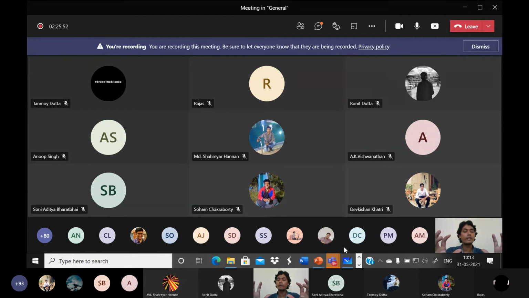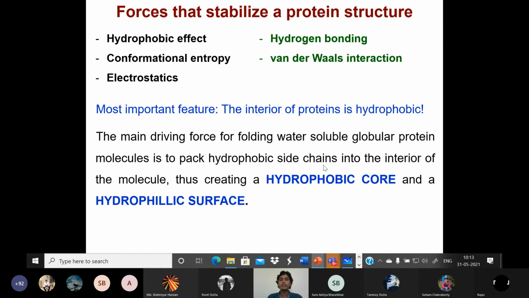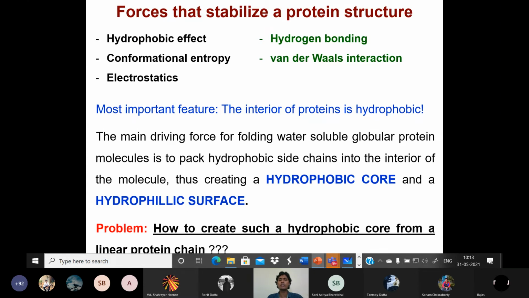Whenever you take away that denaturing agent, they cannot stay in the water, and quickly fold together. If I go to this slide, you will get it. Hydrophobic core formation is the first step of protein folding, and then hydrogen bonding and long-distance electrostatic interactions all happen.